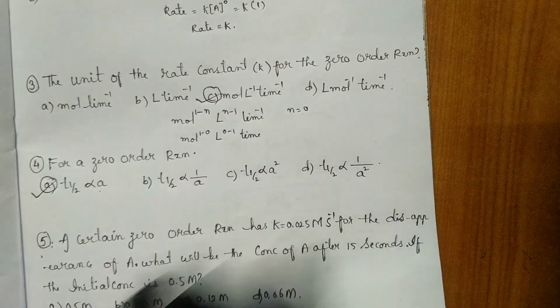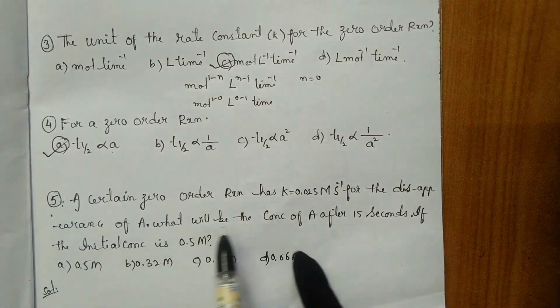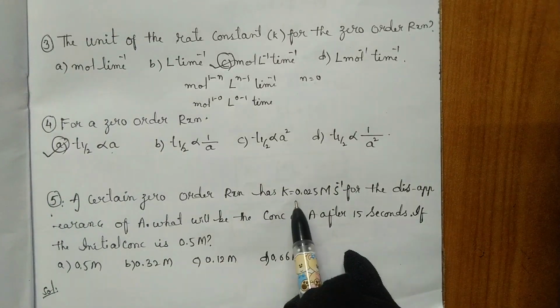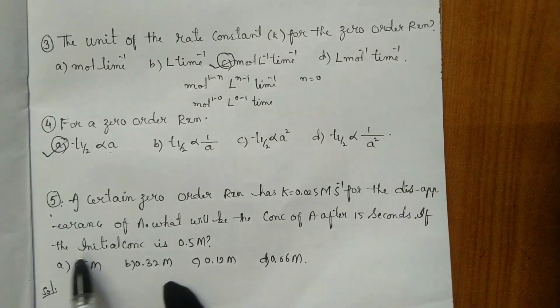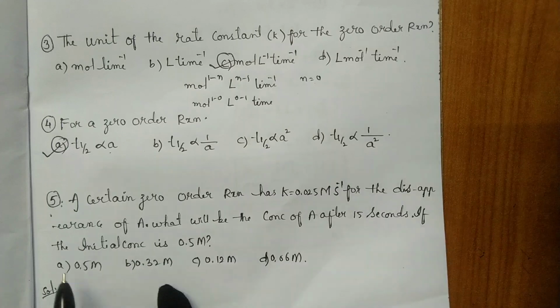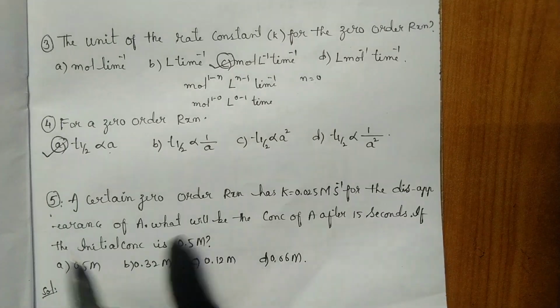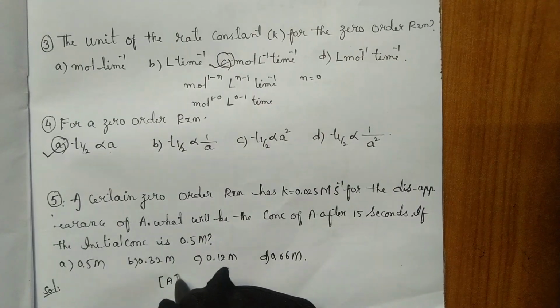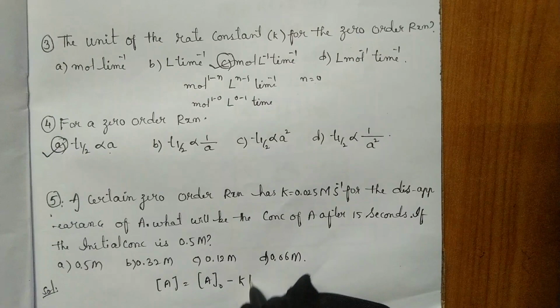Now the last question: a certain zero order reaction has K equal to 0.025 M per second for the disappearance of A. What will be the concentration of A after 15 seconds if the initial concentration is 0.5 M? We have this formula: concentration of A is equal to initial concentration minus Kt.